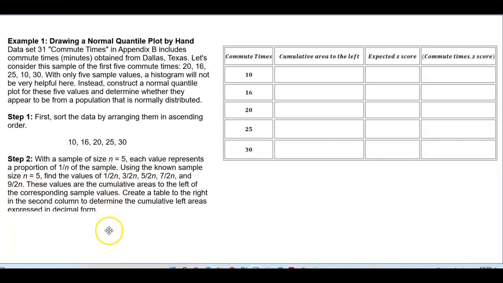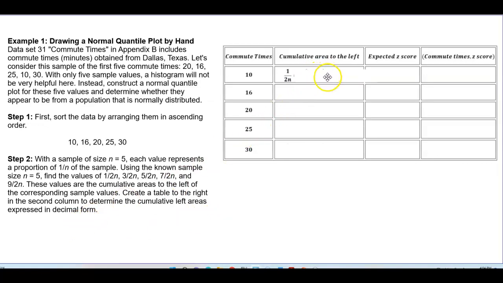These values are the cumulative areas to the left of the corresponding sample values. So we're creating this table to the right in the second column to determine the cumulative left areas expressed in decimal form.